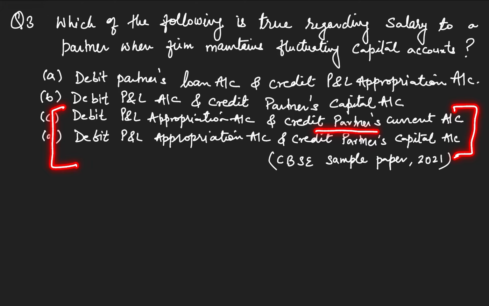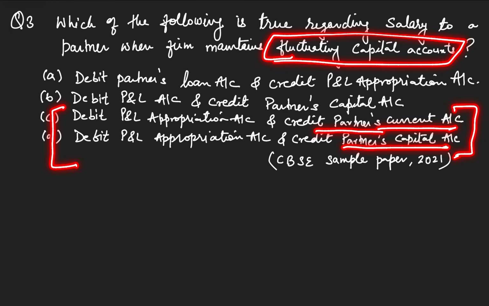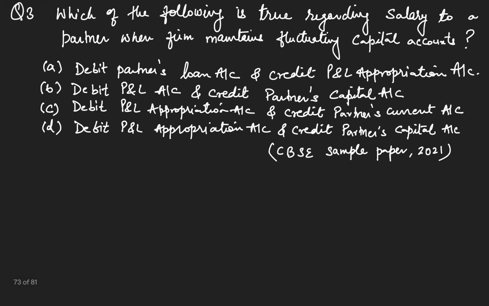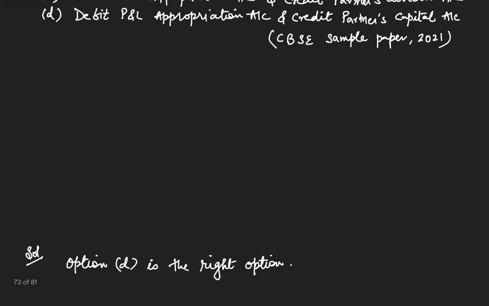So here these two options are almost correct, the only difference being current capital and partners capital. Since we have the fluctuating capital account, only the partners capital account is maintained. So option D is the correct option.